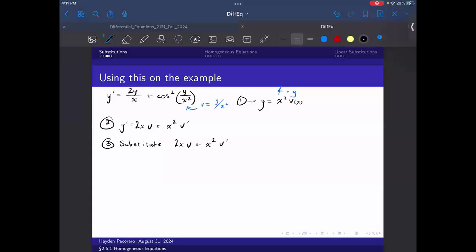And that's going to be equal to the right side of the equation, but with y substituted with x squared v. So we have 2x squared v over x plus cosine squared. And then remember, our original form for v was y over x squared, so this is just cosine squared of v.